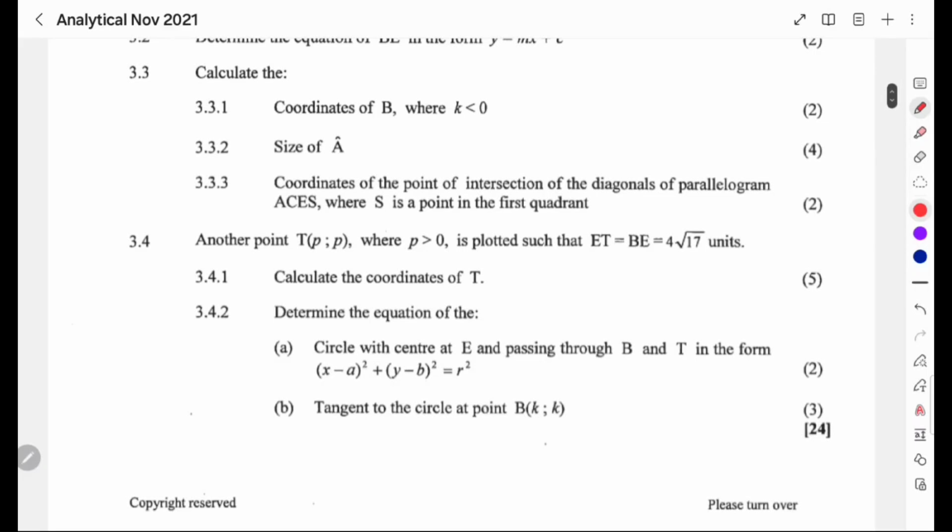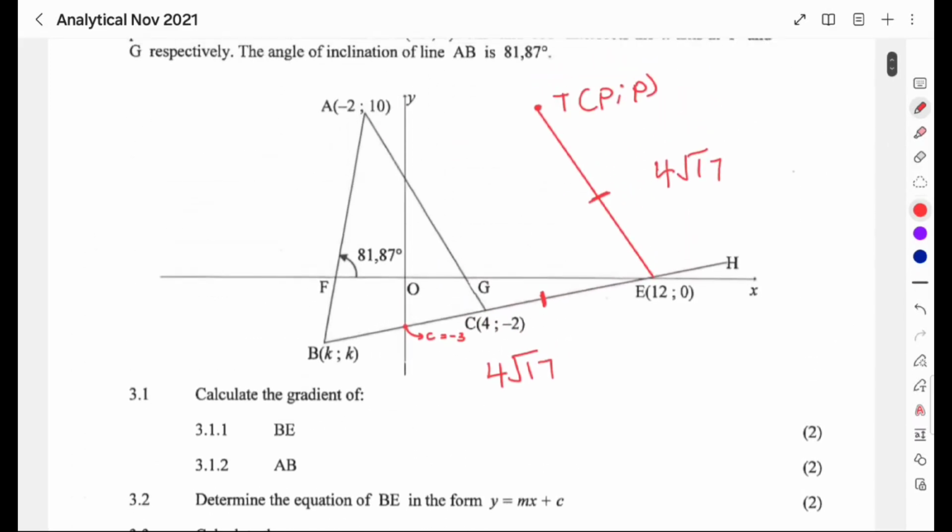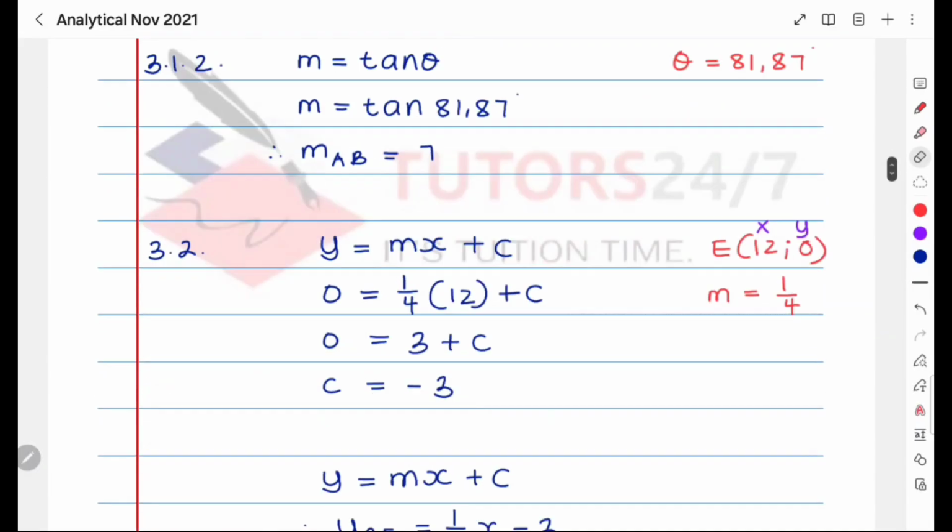Now, the question states, calculate the coordinates of T. In order for us to find the coordinates of T, we already know what the length is, so we can just use our distance formula. We're going to use the coordinates of T and the coordinates of E. So let us get started.